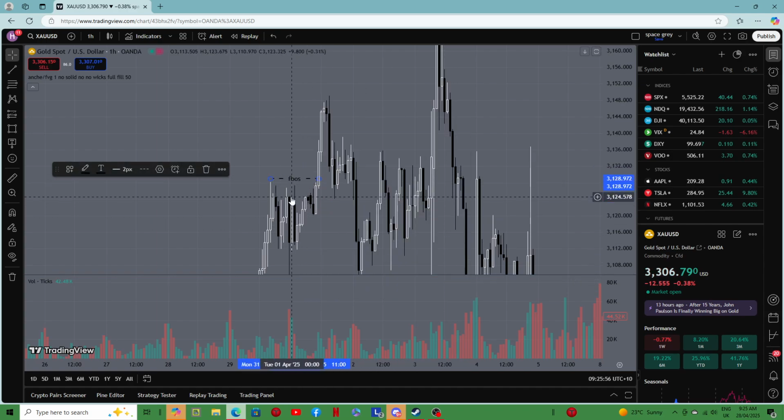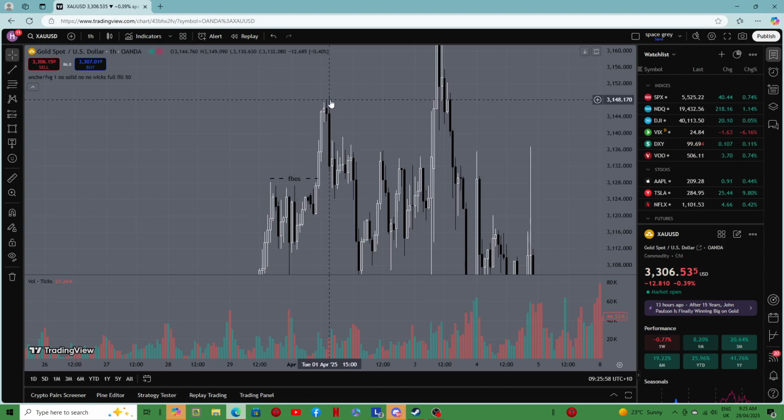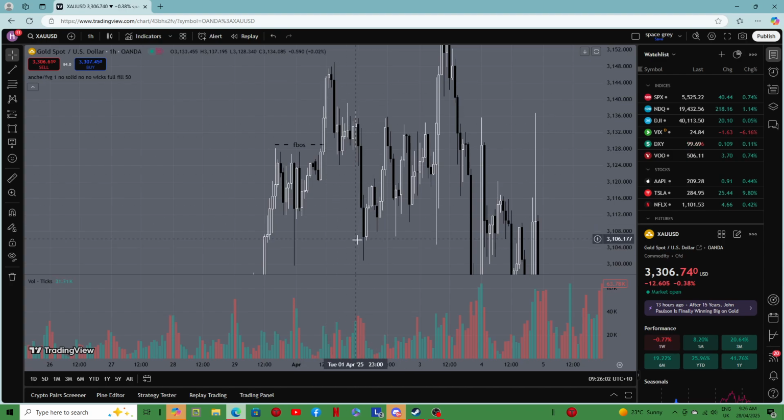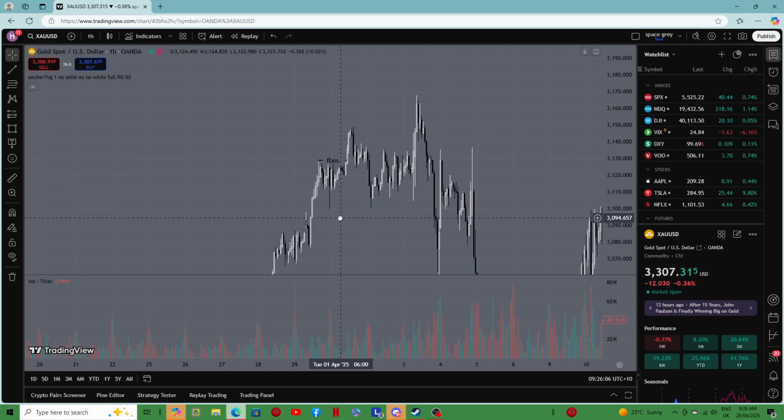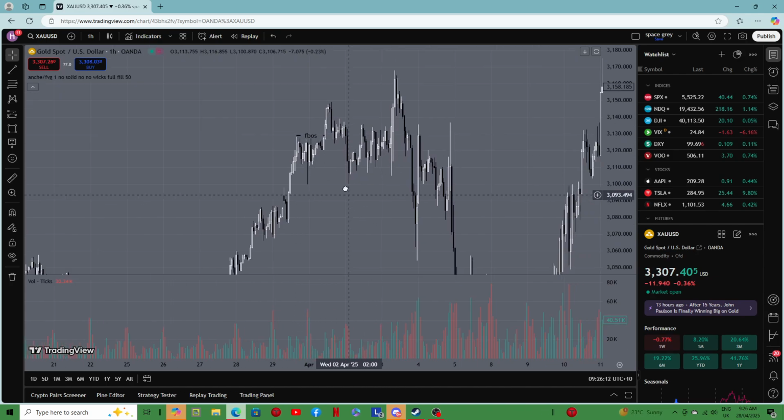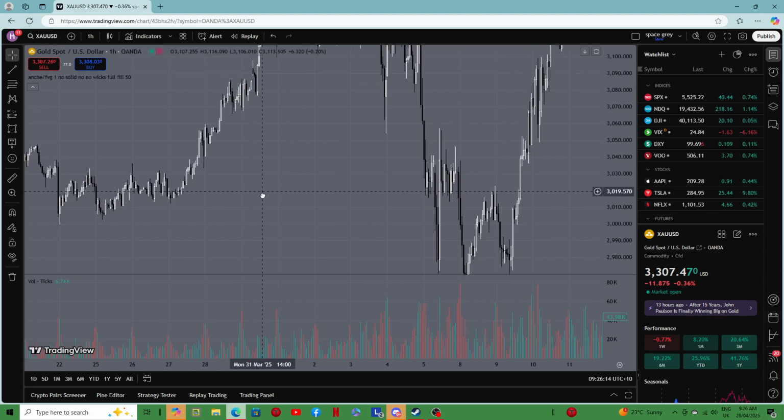This stands for failed break of structure because it didn't surpass. And then what happened? Oh, it came back down, went down pretty far. So it shows that the strength of the trend is getting weaker.